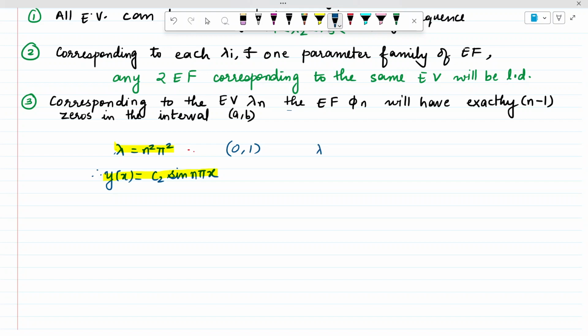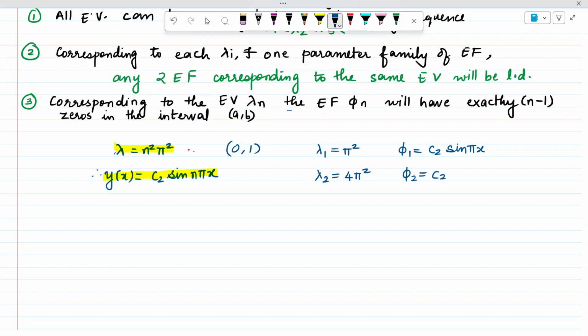So lambda equal to 1, so n is equal to 1. So lambda 1 will be pi square, and phi 1, the function over here, would be c2 times sine pi x. And lambda equal to 2 becomes 4 pi square.